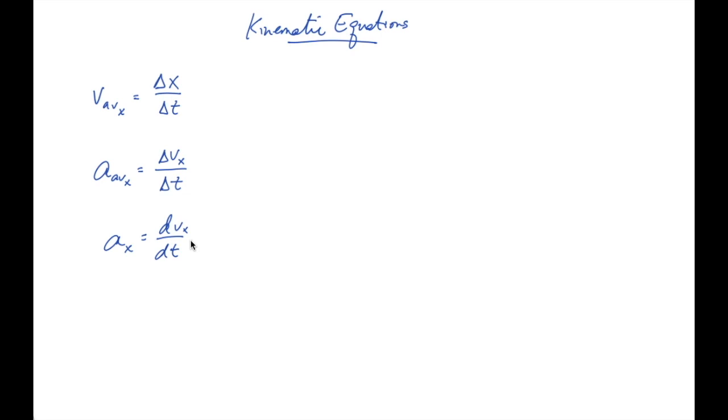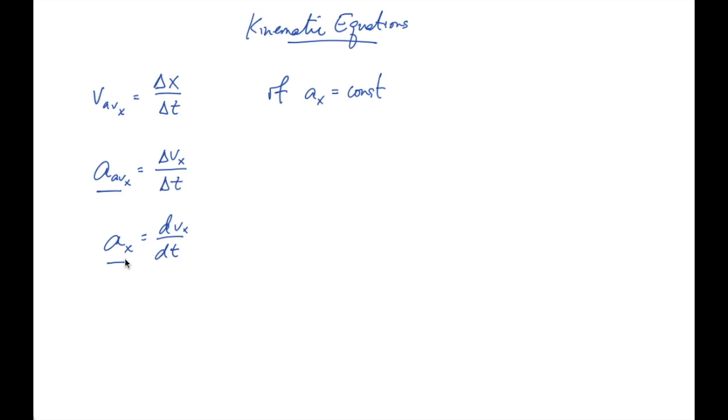Now, the first thing to note is that if acceleration is constant, then the average value, this value right here, will equal the instantaneous value. So I don't need to make a distinction between average and instantaneous. If it's constant, those are both the same thing.